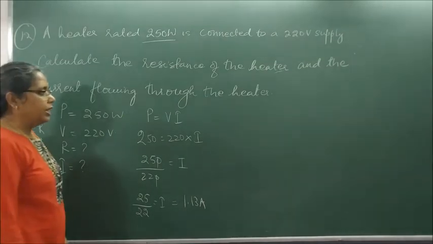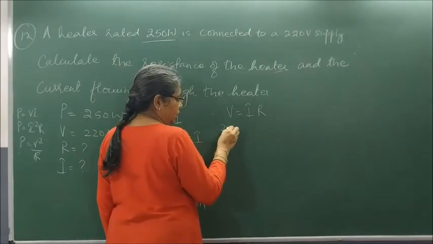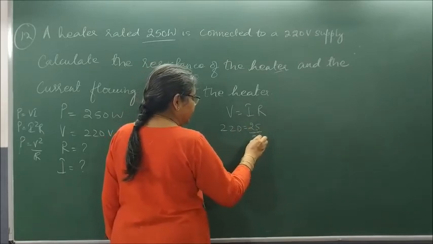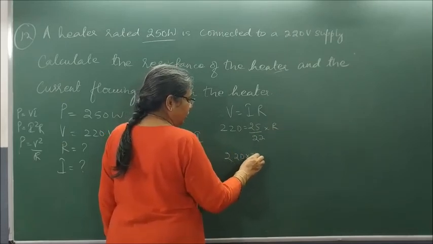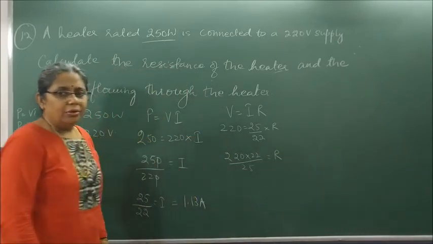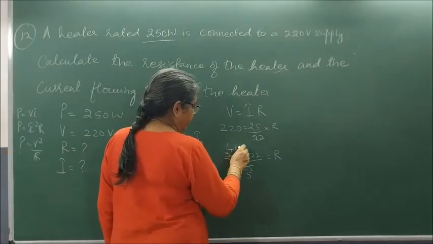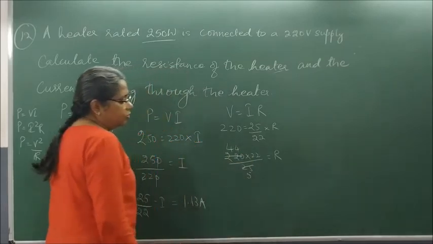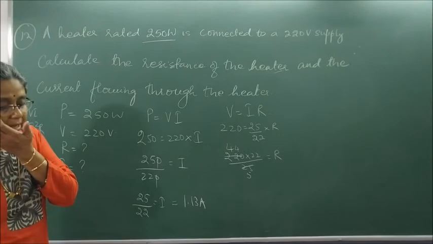Now I need to find out R. So I can use the formula V is equal to IR. V is 220, I is, let me keep it as 25 by 22, into R. So you will get 220 into 22 by 25 is equal to R. You can cancel by 5, so 44 into 22 divided by 5. Please divide and get the answer.